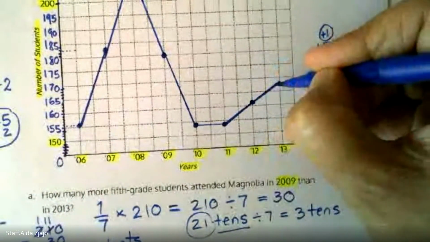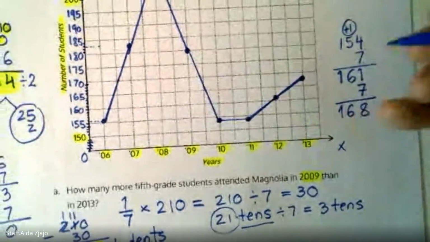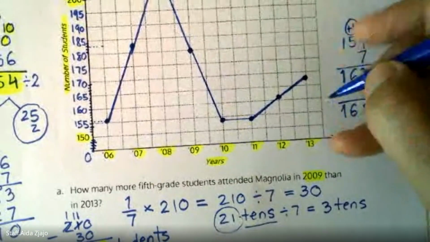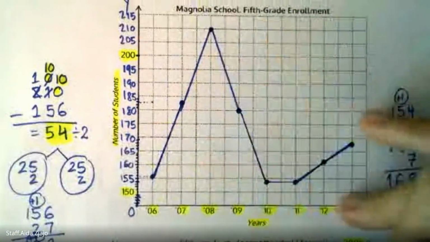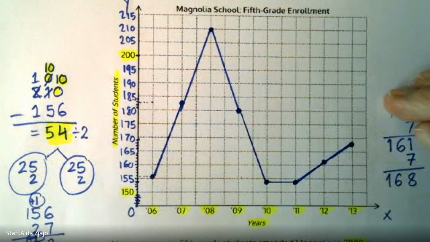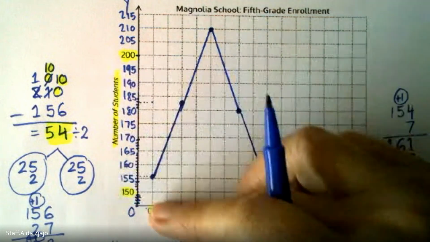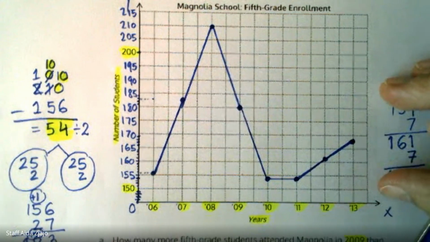Okay, this is the best I could create. So that is the graph of how the number of students changed through years at Mongolia school.